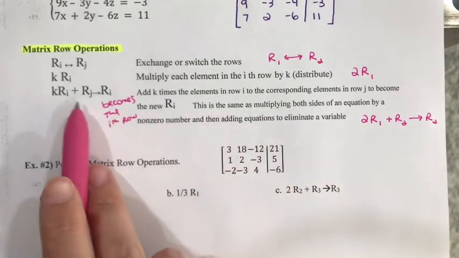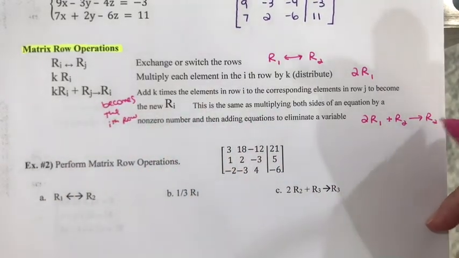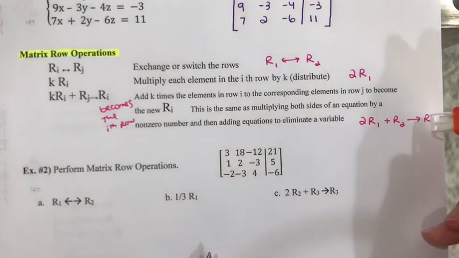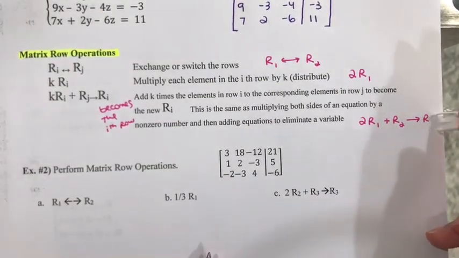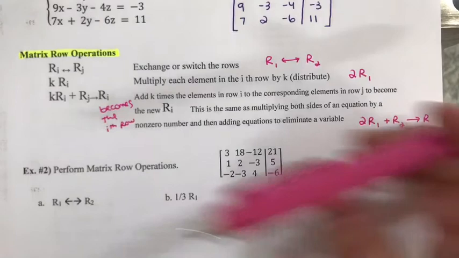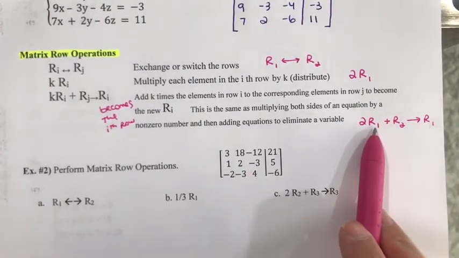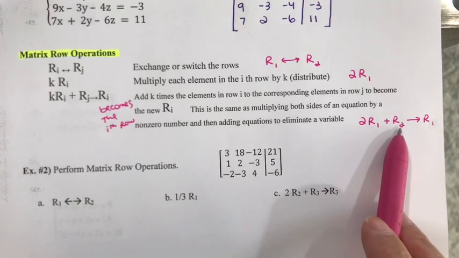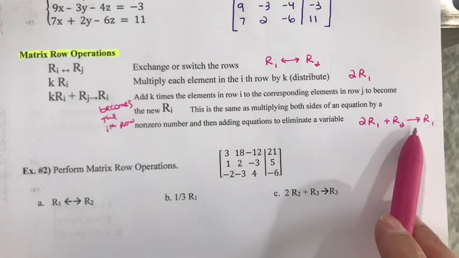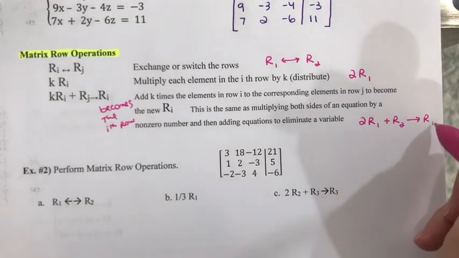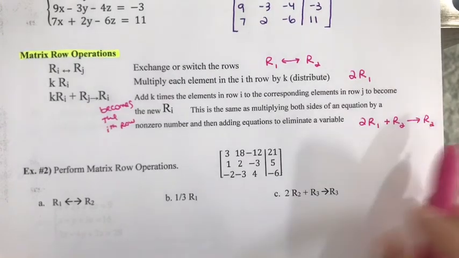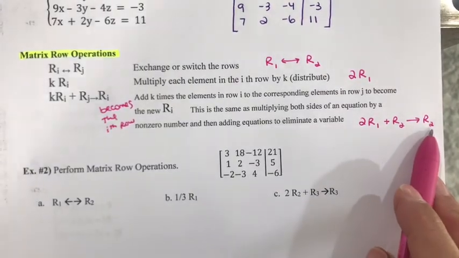We take 2 times the first row, add it to the second row, and that becomes the second row.